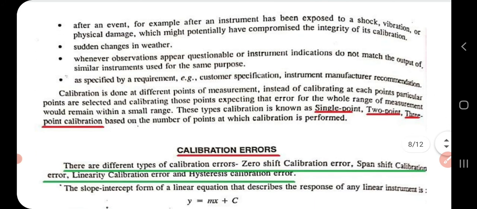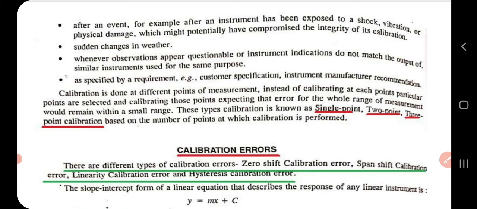Now various types of calibrations are there. Calibration is done at different points of measurement. Instead of calibrating at each point, particular points are selected and those points are calibrated with an expectation of error.